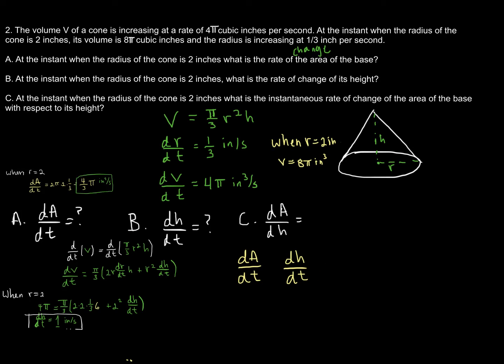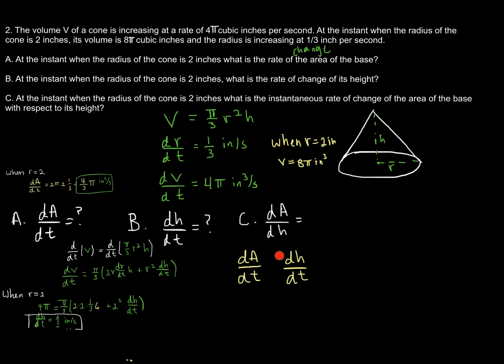Now, notice that there are a couple things that these have in common. They're both with respect to time, and we ultimately want the derivative of area with respect to height. So if you think about this particular rate of change, the units are inches squared per second, and this rate of change is inches in height per second. What we seek is the derivative of area, or inches squared, per the derivative with respect to the height, or inches squared per inch.